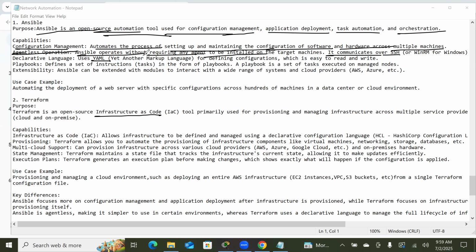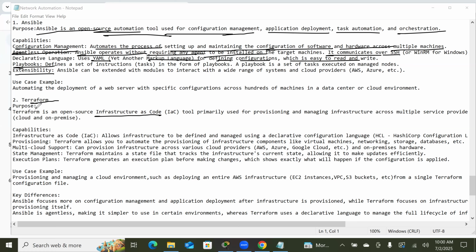Yet Another Markup Language for defining configuration, which is easy to read and write. We are going to write the configuration in YAML. Next are playbooks and being extensible. So these are some of the different features or capabilities of Ansible.